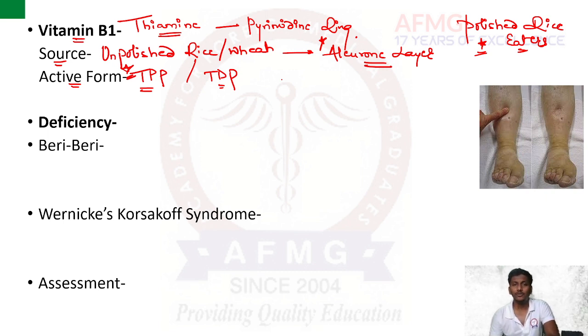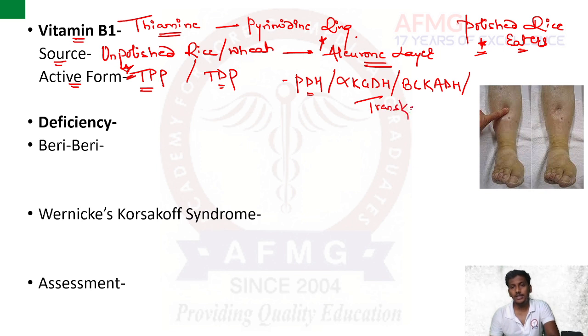Thiamine pyrophosphate is used as a coenzyme in reactions like the link reaction by the pyruvate dehydrogenase enzyme, in the TCA cycle by the alpha ketoglutarate dehydrogenase enzyme, also by the branched chain keto acid dehydrogenase enzyme, and even by the most important, you need to remember, the transketolase enzyme. All of these enzymes use thiamine pyrophosphate or vitamin B1 as their coenzyme.